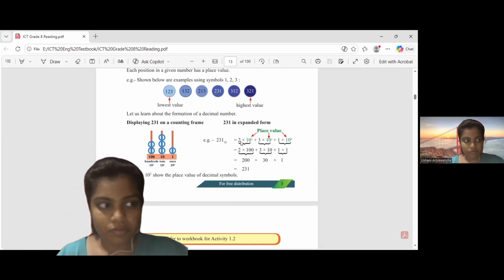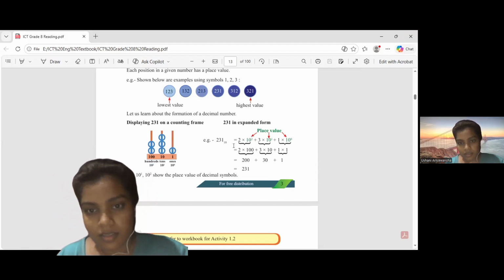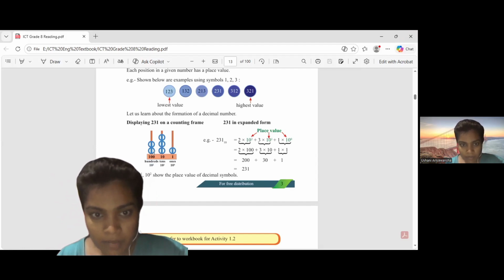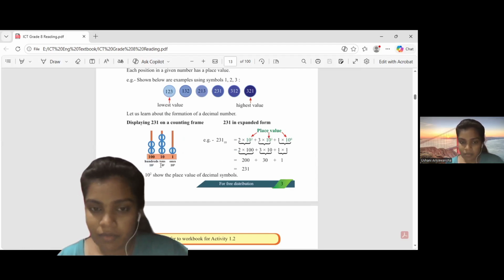2 multiplied by 10 to the power 2. It means 200. 3 multiplied by its place. What is the place?